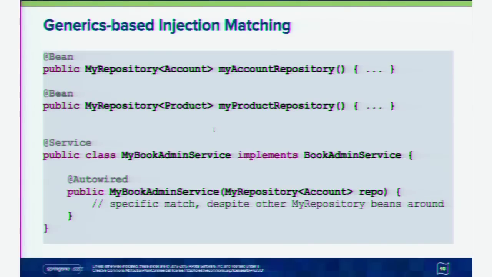So let's assume MyRepository is a custom interface of yours, which has a generic type variable being substituted with Account here. So you don't just want any MyRepository, you want the MyRepository of Account. As of the Spring 4 generation, we are taking this into account for the purposes of type matching.